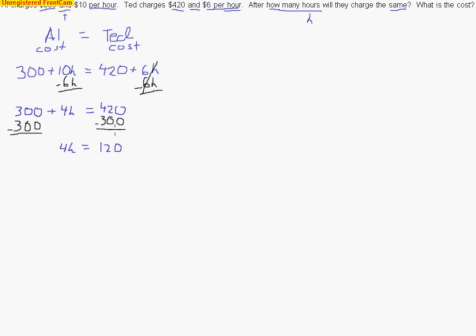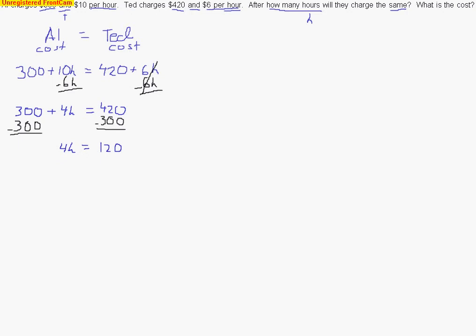So basically we've taken away Al's charge from Ted's charge to find the difference, and also we took away Ted's dollars per hour charge, his variable cost, from Al's variable cost. And what we're left with is 4h equals 120.